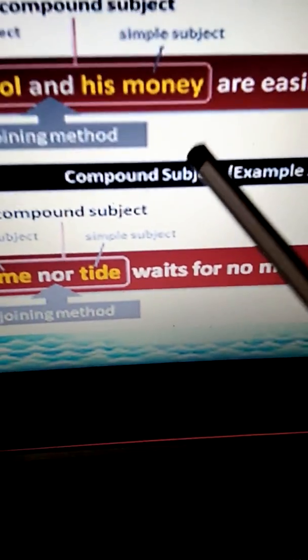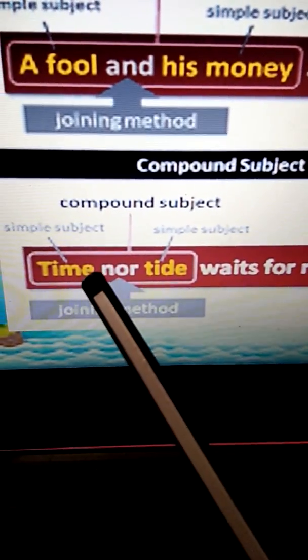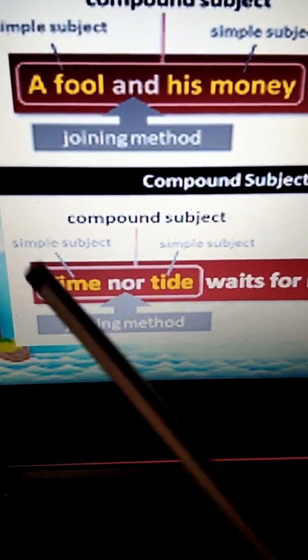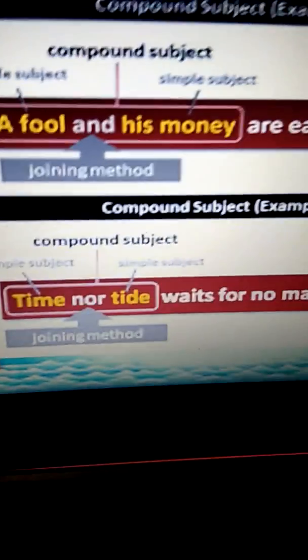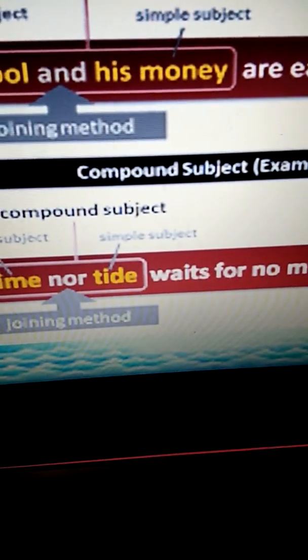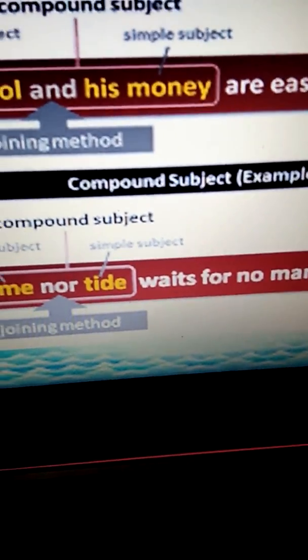Now let us come to compound subject, example number 2. Time nor tide. So we are talking both about time, which is a simple subject. We can say time waits for none, tide waits for none. So we can make these two different sentences, right?